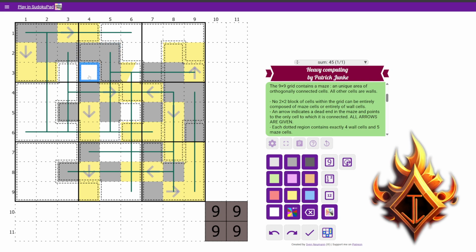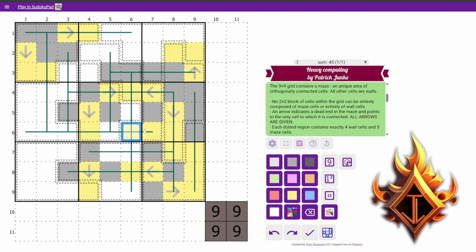But that would make this yellow as well. But that would also be a dead end, and all the arrows are given. So that would have to be an arrow. So that is in fact not yellow, and it is gray.